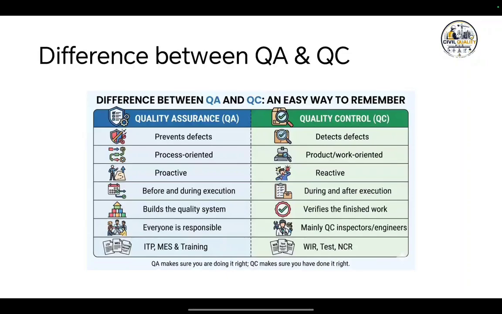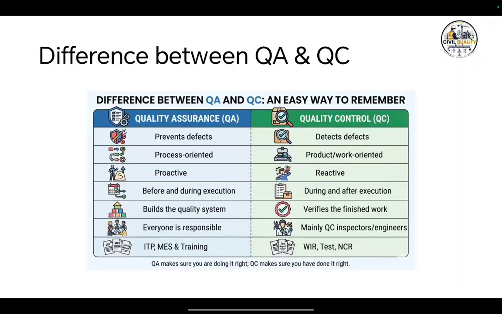Quality assurance builds the quality system, whereas quality control verifies the finished work and detects any defects. In quality assurance, everyone is responsible, and in quality control, mainly QC inspectors and engineers are responsible.